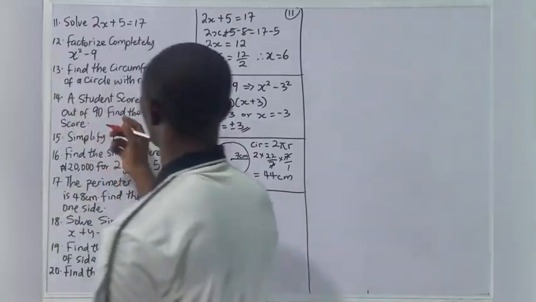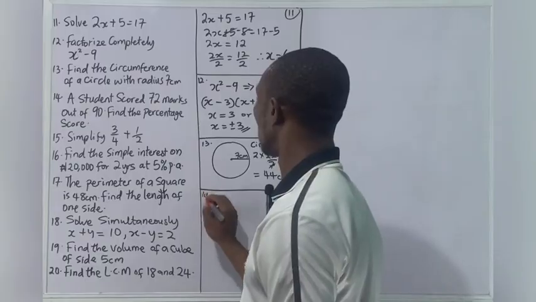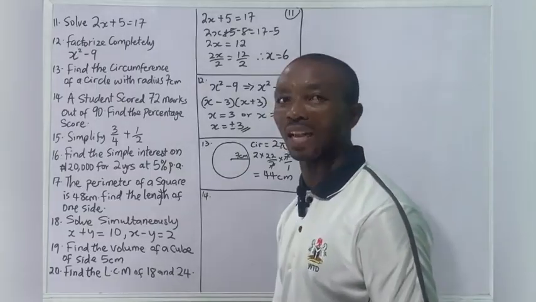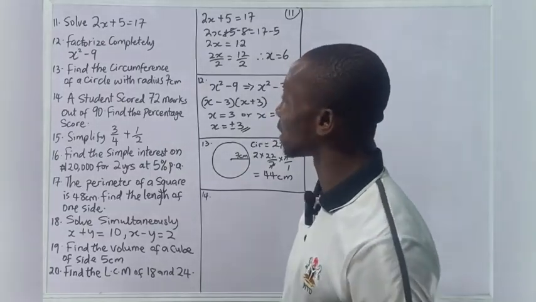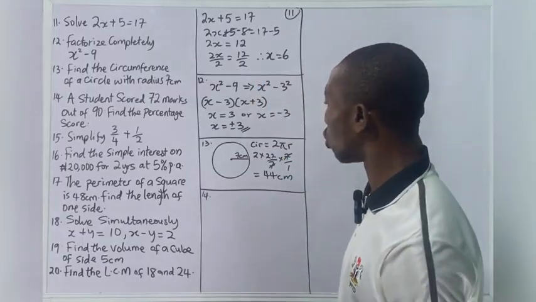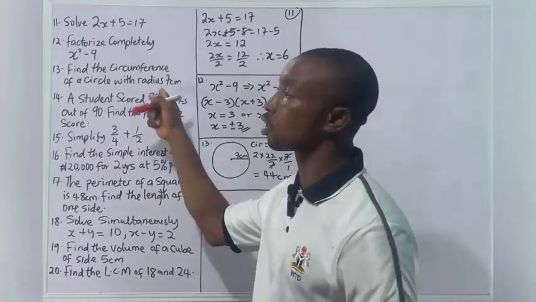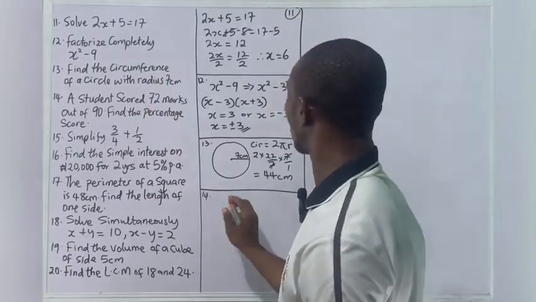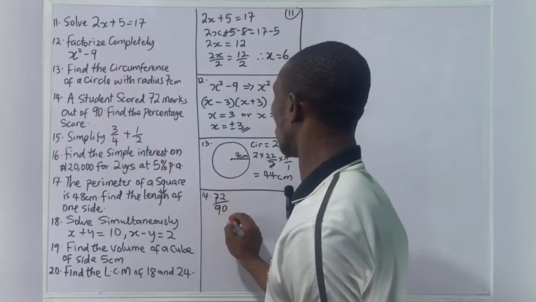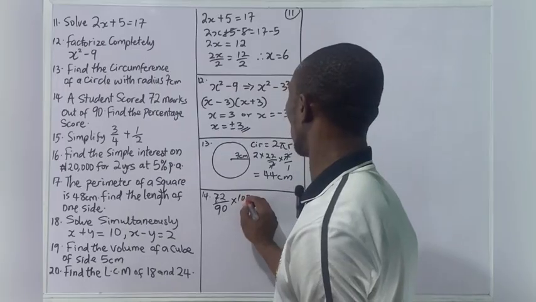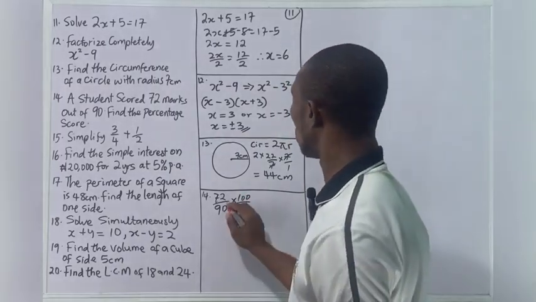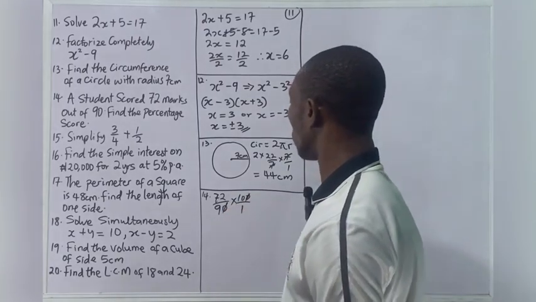A student scored 72 marks out of 90. Find the percentage score. In order to calculate the percentage score, since it scores 72, that becomes 72 over the total score 90 times 100 over 1. 0 cancels 0.